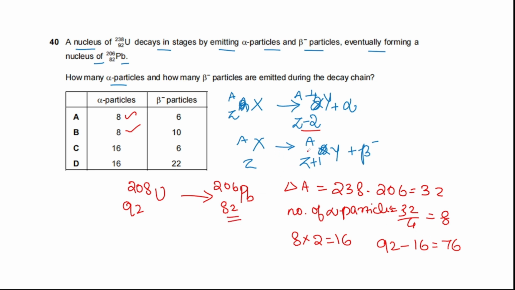Since each beta minus emission increases the proton number by 1, we need 6 more. 82 minus 76 is 6, so 6 beta particles should be added. So 6 is the beta particle emission. So the correct option is option A.